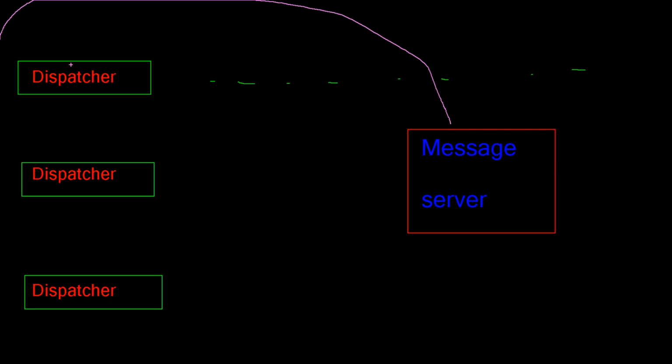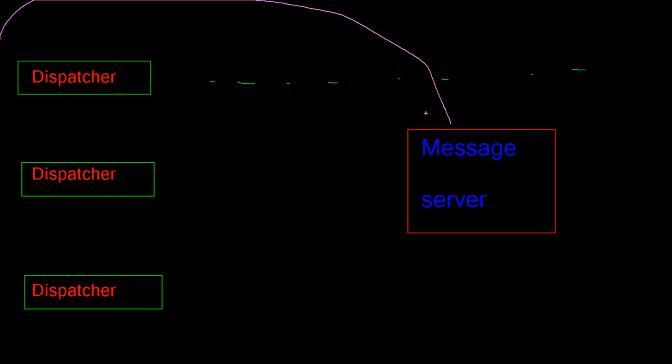Here, this is the dispatcher. This instance also has a dispatcher, and this instance also has a dispatcher. The requests that come from the presentation layer are directly received by the message server, not by any dispatcher.